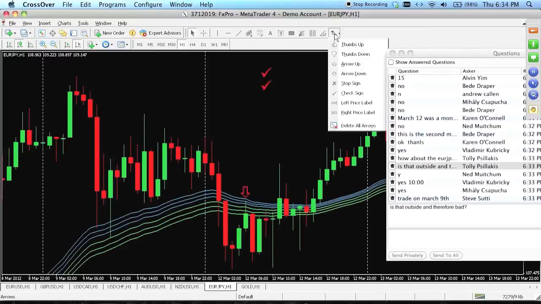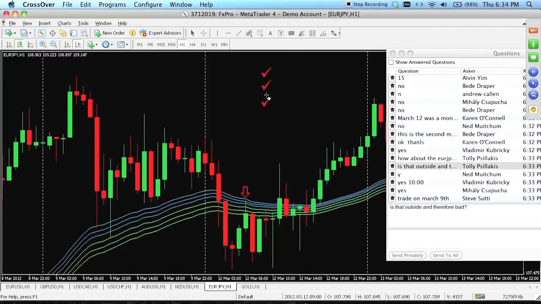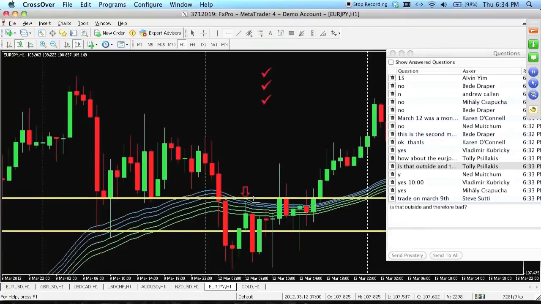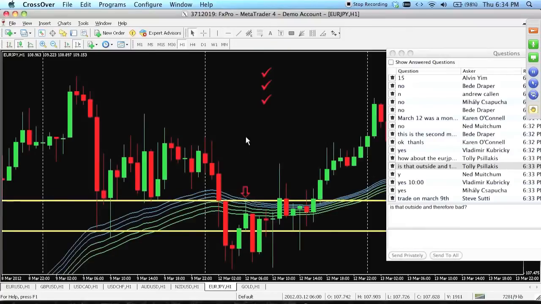Have we closed outside onto the other side? No. Keep our entries at the tip of this, our stop over here at the tip of that. What is our risk? 17 pips is our risk, and we've touched 17 pips just on target, 1:1 ratio.